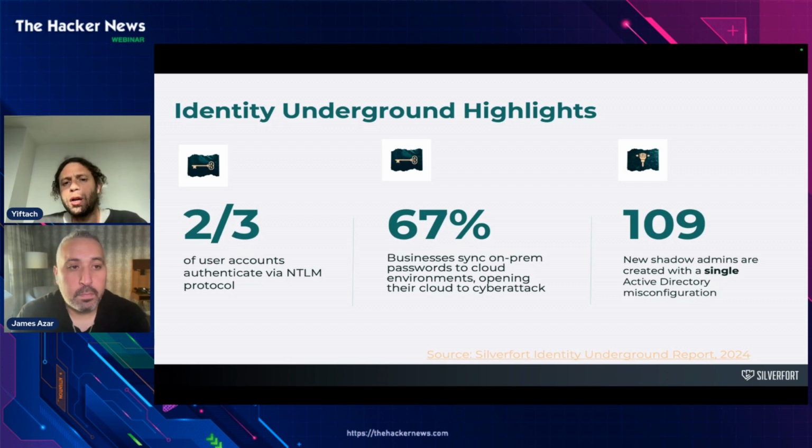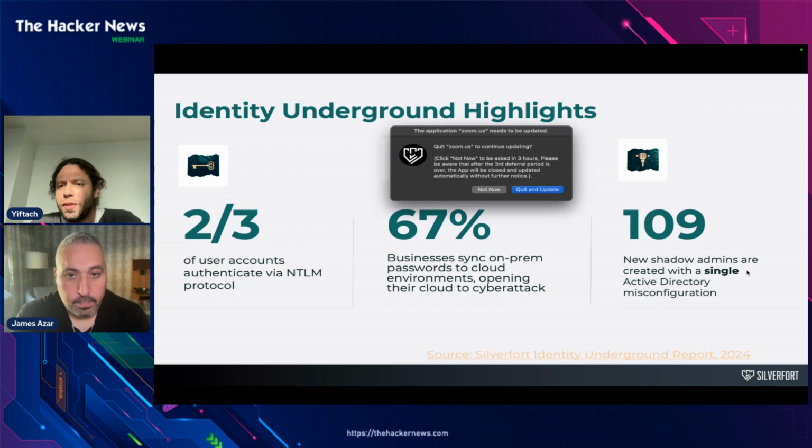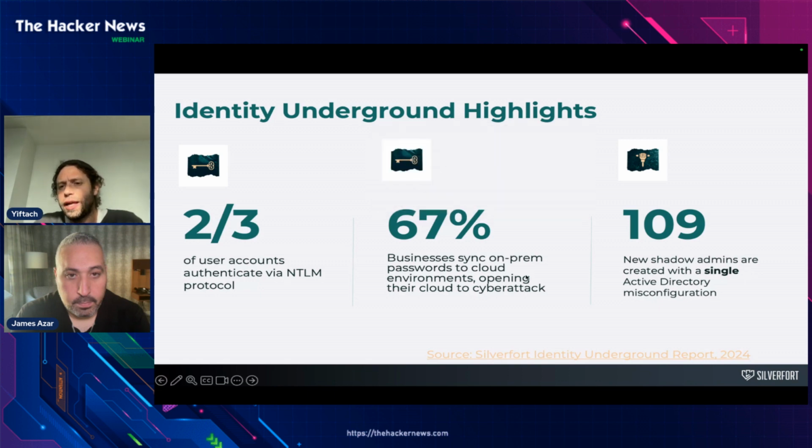67% sync their on-prem password to the cloud in an insecure manner. This is to say that there are probably more than 67% that sync, but 67% sync in a way that opens your SaaS environment to compromise. And 109 new shadow admins are created with a single Active Directory misconfiguration. Think of it.